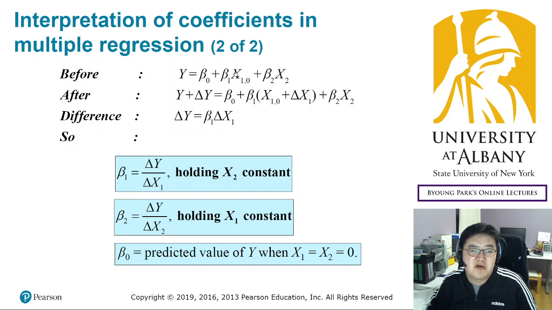So both variables are 0. If x1 is 0 and x2 is 0, then beta 1 and beta 2 terms disappear, and you only get beta 0. So that is the interpretation of beta 0, which is the intercept. And beta 2 is defined symmetrically as beta 1.